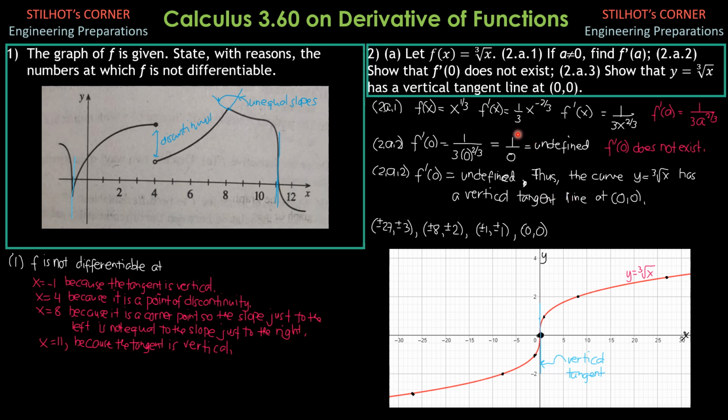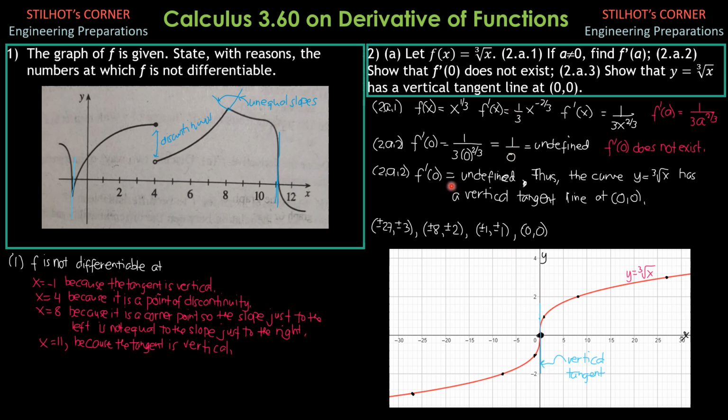Just to the left and just to the right of 0, that's almost a vertical line, and at x equals 0 we have positive or negative infinity, and that means that the tangent is vertical.